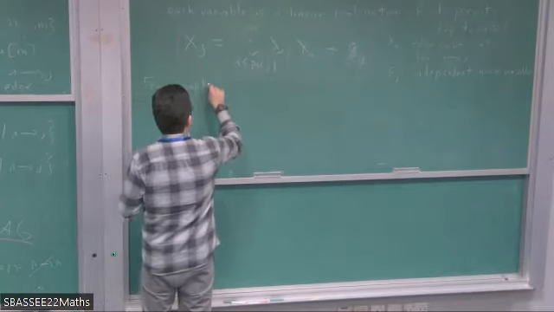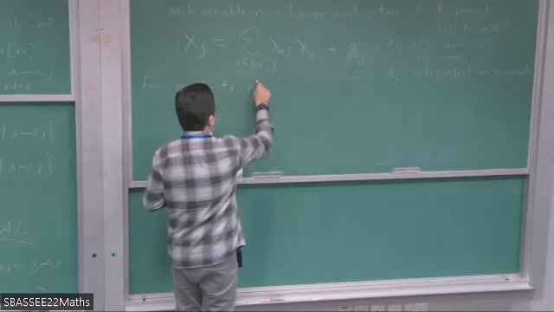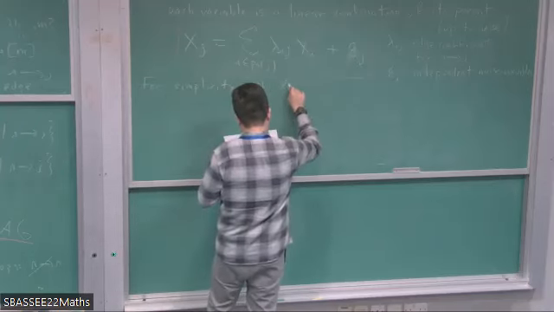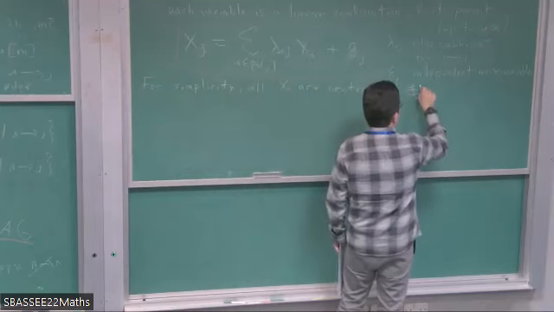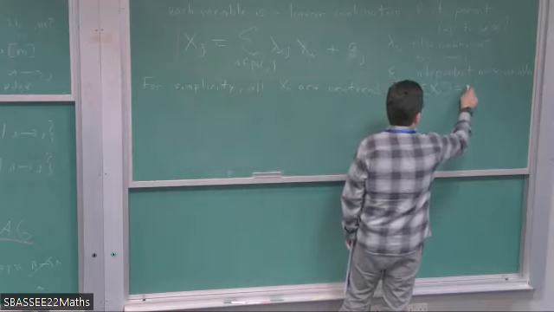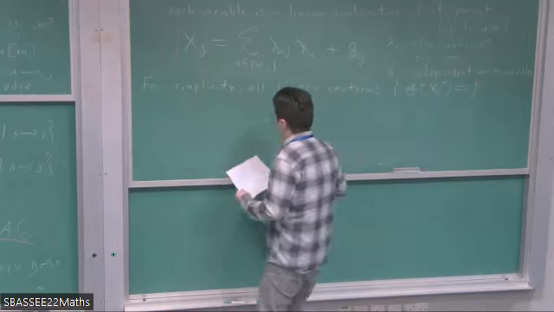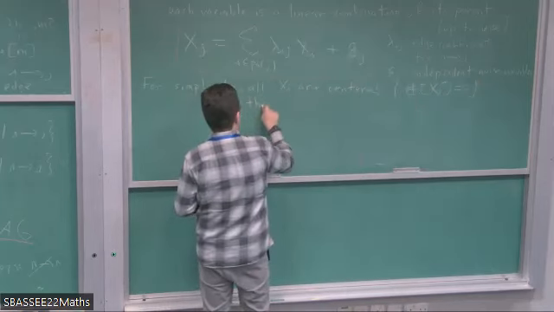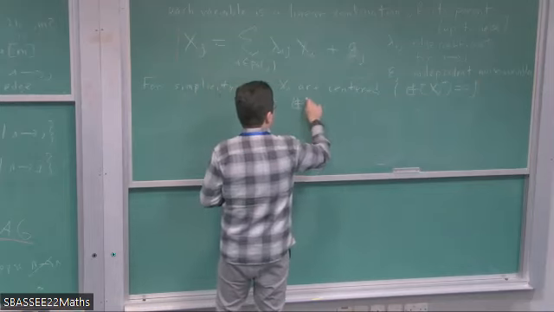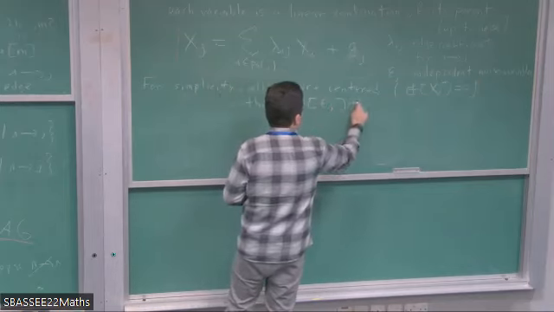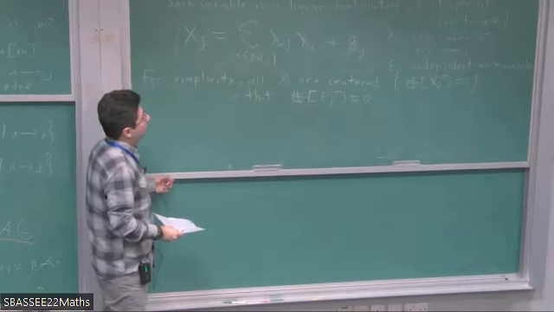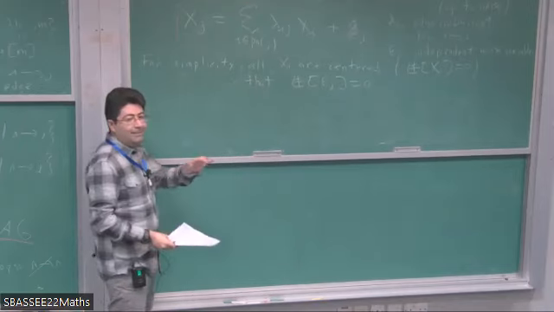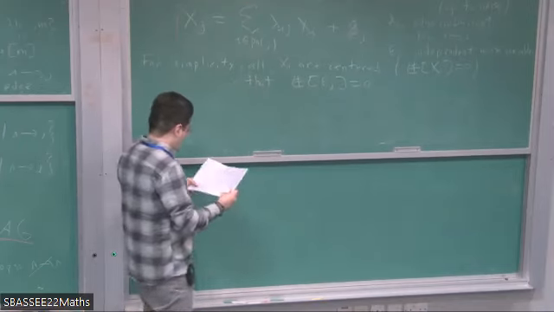So for simplicity, all X_i's are centered, so the expectation is zero, and the expectation of epsilon_j is also zero.